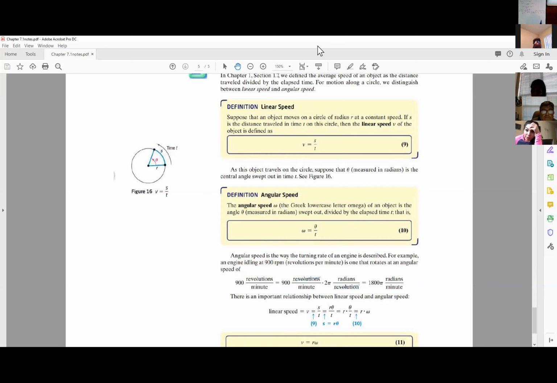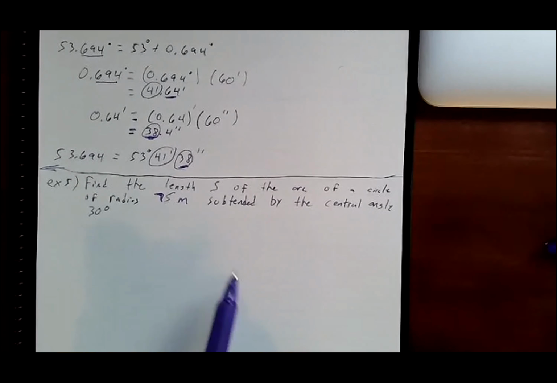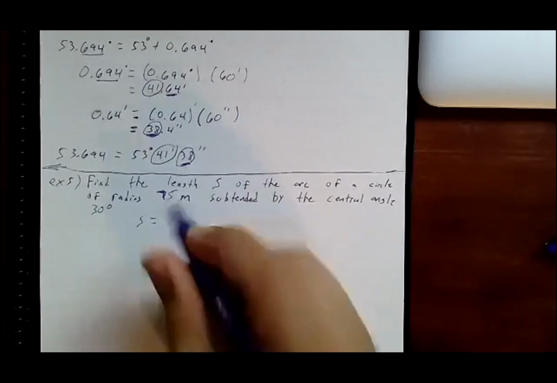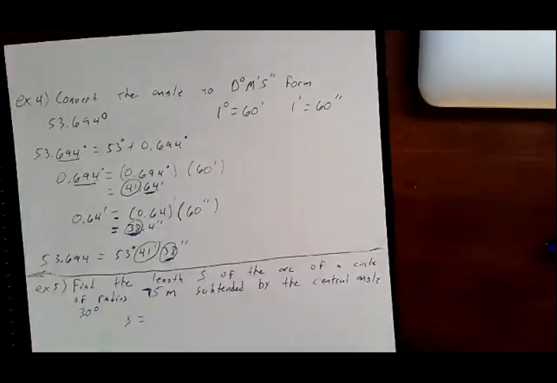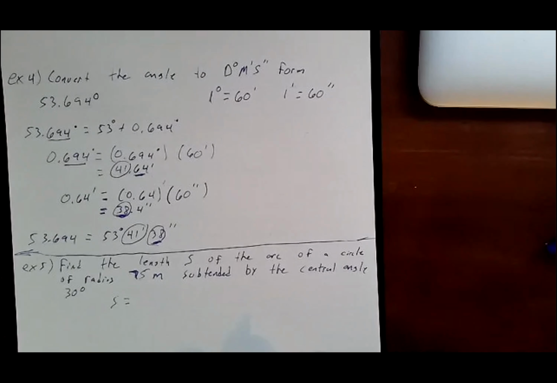Okay, so given this question, we have a really big circle, right? 75 meters. So all we have to do is use that formula and we'll find that S distance. So we said S was equal to, look at our formula, it's right here actually. I think it's r theta, but I'm paranoid.